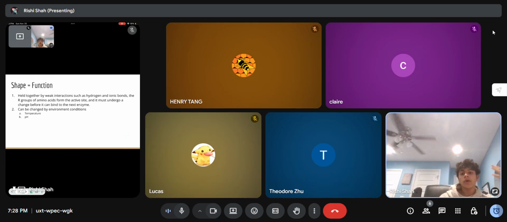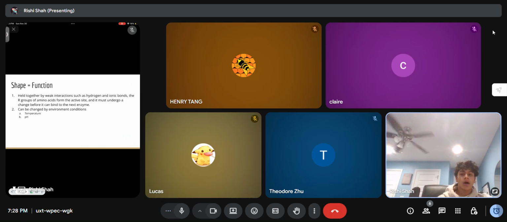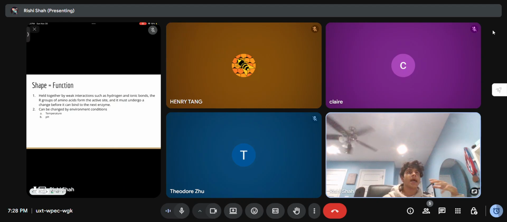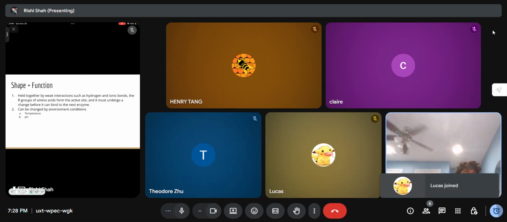Okay, and so let's talk about the enzyme shape and why it's important to its function. The enzyme is held together by weak interactions such as hydrogen and ionic bonds, and the R groups of amino acids are the ones forming the active site. So it has to undergo a change before it can bind to the next substrate, and they work really well because of their shape, so very few of them are actually needed.